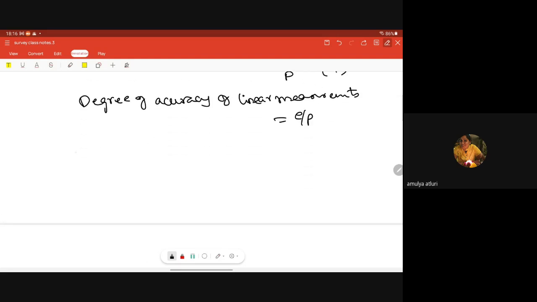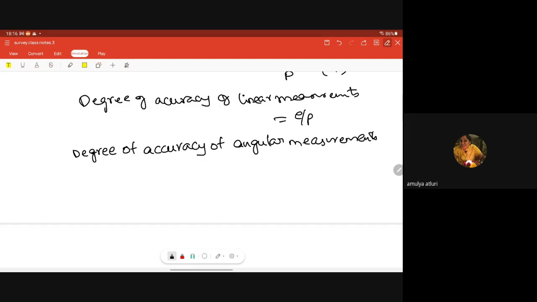So degree of accuracy of angular measurements is equal to tan inverse of E by P.